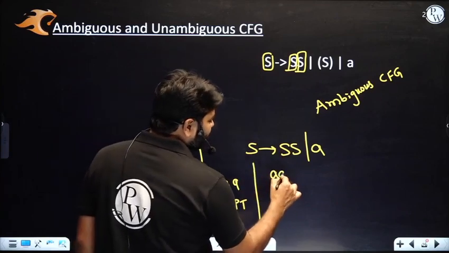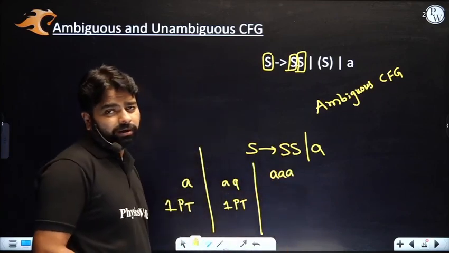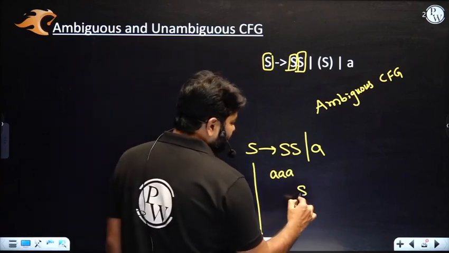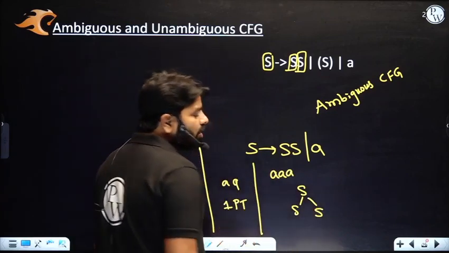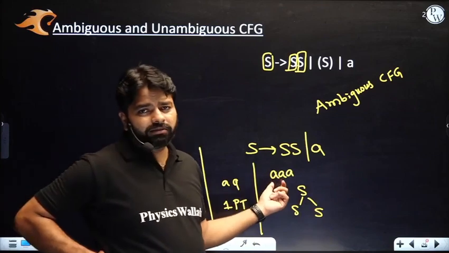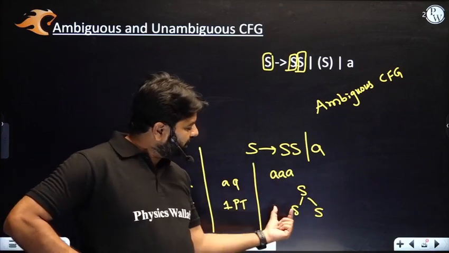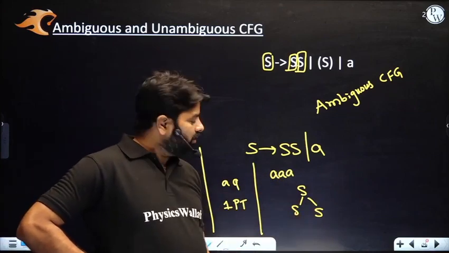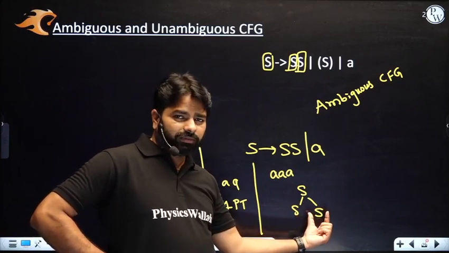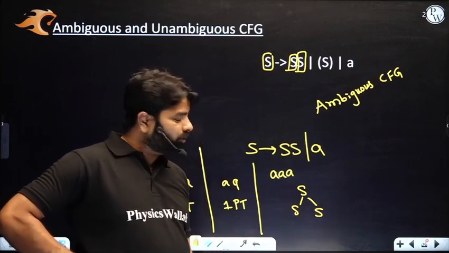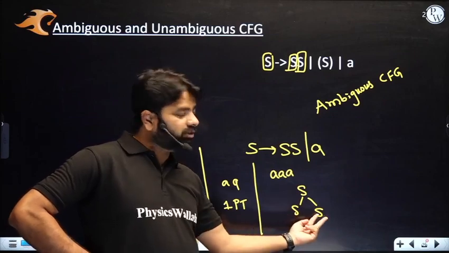When you have 3 A's, you may have more than one parse tree. Let's see. S, SS. Now, how do you get the 3 A's? There are two ways. Either you get 2 A's from here, or you can get 2 A's from here. Simple. Total 3 A's you need to produce. If I put 1 A here, 2 A's you have to get here.